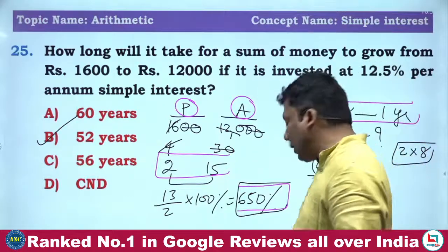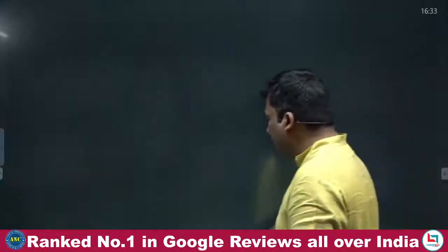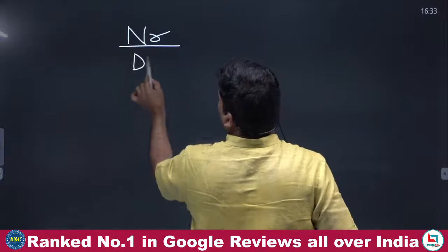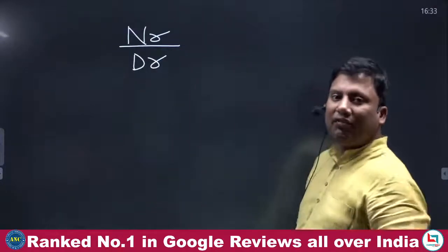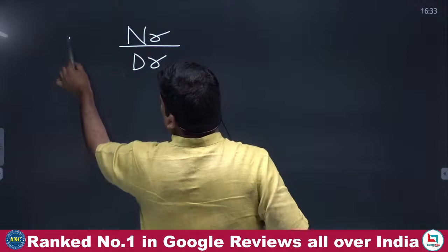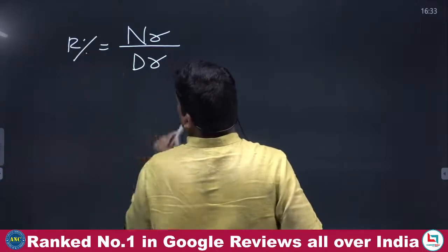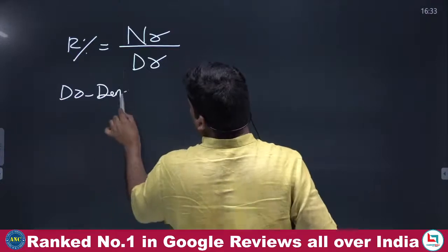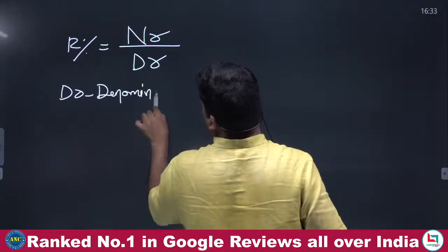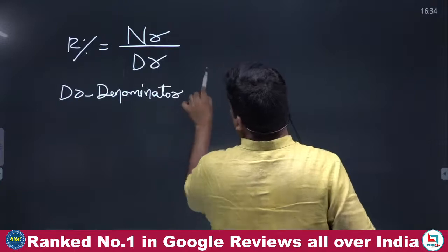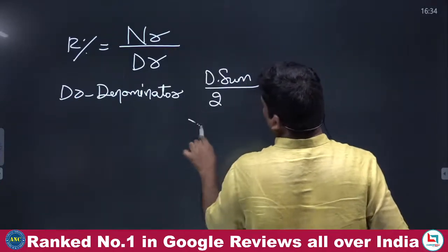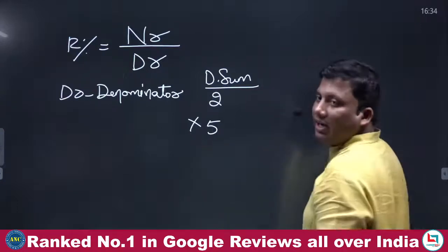Please make a note of these important key points. If the question is of the form rate of interest and you convert it into numerator by denominator, then look at the digital sum of the denominator. If the denominator digital sum is 2, multiply the numerator and denominator by 5.